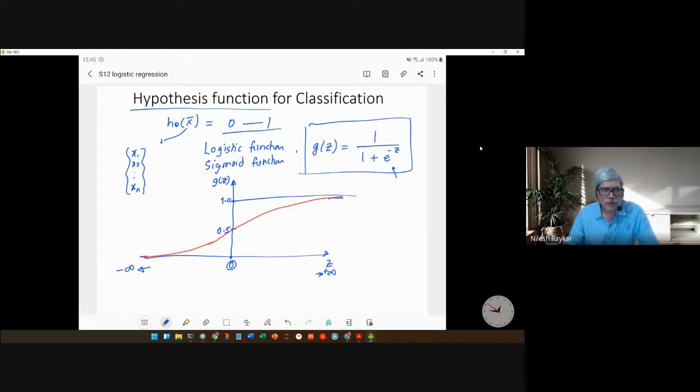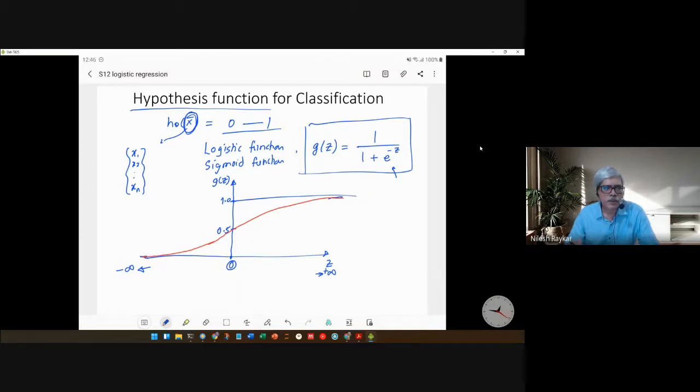Now, before we proceed, we need to incorporate the feature vector and the model parameters. But before we do that, let's understand one more aspect of this hypothesis function. When we say the hypothesis function needs to be between 0 and 1, it reminds us of a particular concept, that of probability.